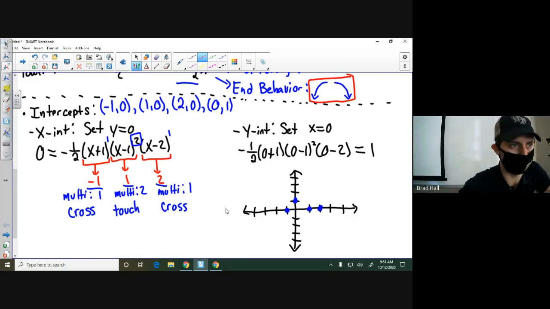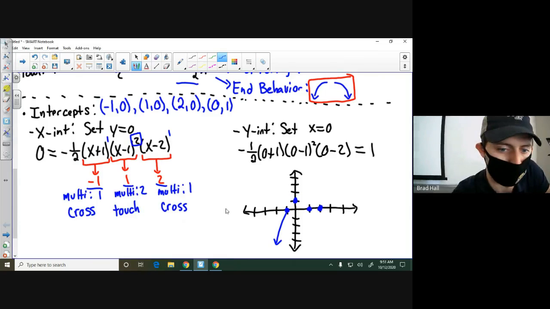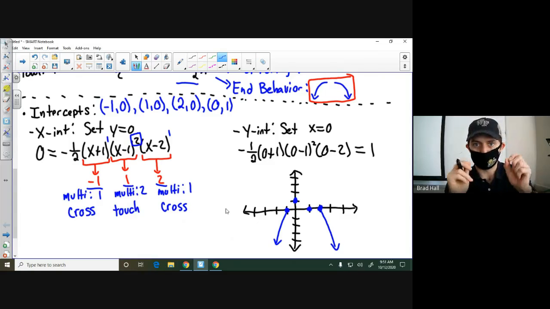So in other words, it tells us that the graph will come up from this side to touch the furthest point on the left, and then would come up from this side to touch the furthest point on the right. So notice how I'm taking those 2 sides of the end behavior and attaching them to the leftmost point and the rightmost point. So that's generally how the end behavior is applied.